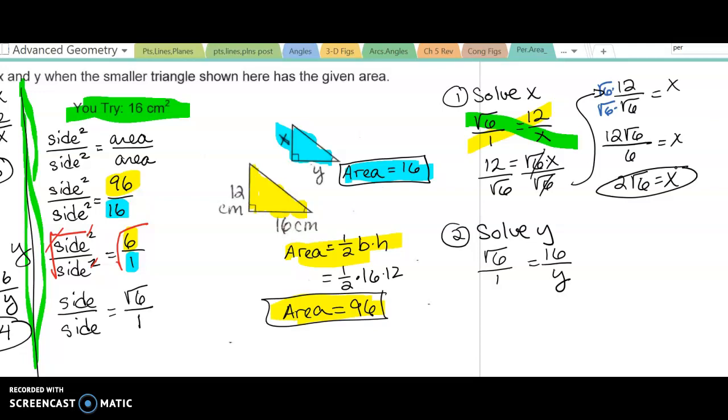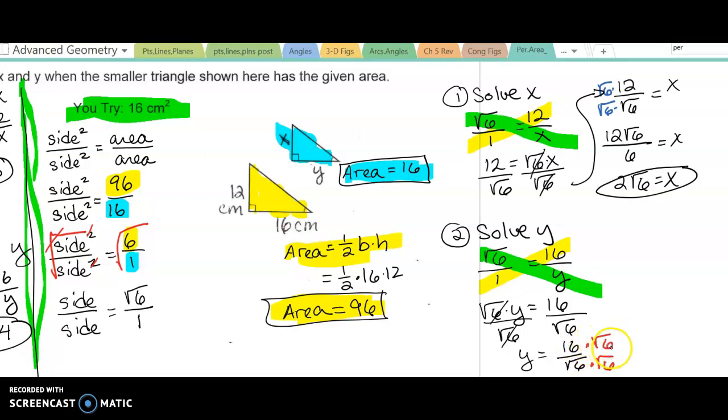Now let's look at y. Same scenario, cross multiply. So you get square root 6 times y equals 16. We want to get y by itself. We want to solve this equation we just created. So we divide both sides by square root 6. But oh no, we can't have square root 6 in the bottom of a fraction.